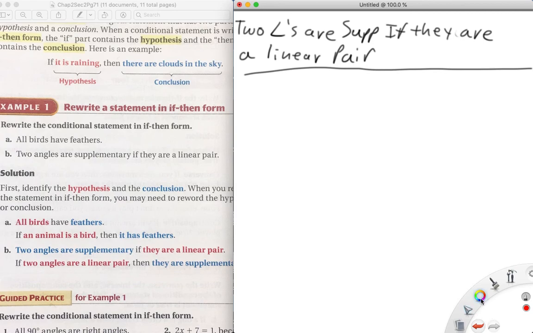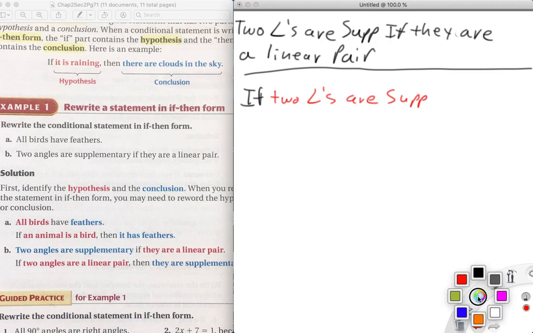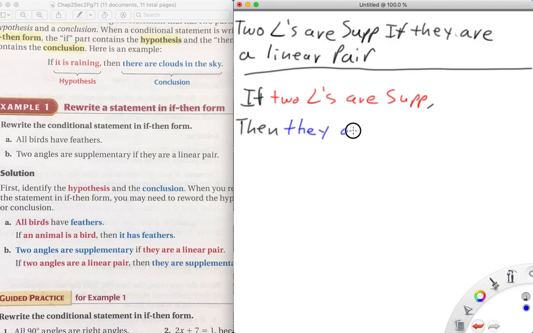But according to the book, if two angles are supplementary, then they are a linear pair. Okay.